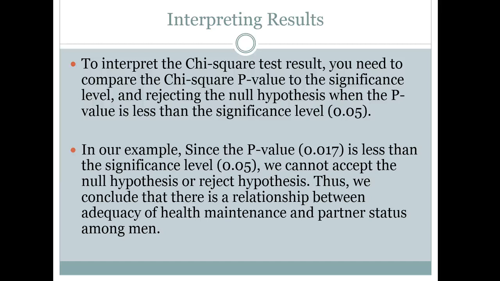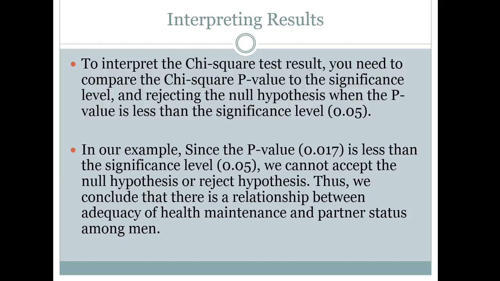In our example, the p-value was 0.017, which is clearly less than the significance level of 0.05. Therefore, we cannot accept the null hypothesis. We have to reject the null hypothesis. And then we conclude that there is a relationship between adequacy of health maintenance and partner status among men.